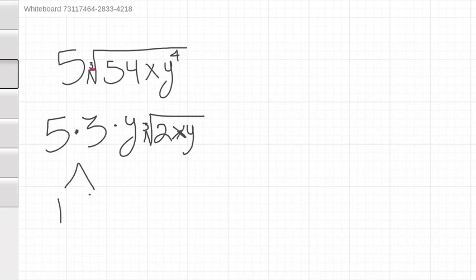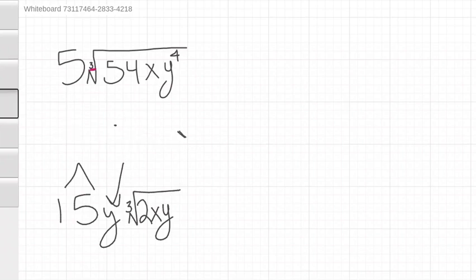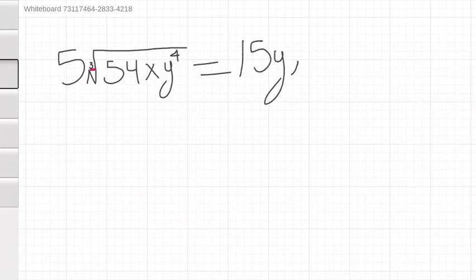So our answer, because 5 times 3 is 15, and you add on the y, is 15y cube root of 2xy. So 5 cube root of 54xy to the 4th is 15y cube root of 2xy.